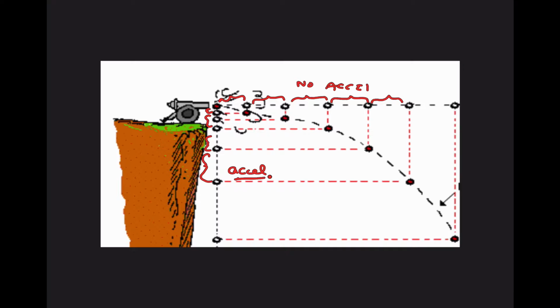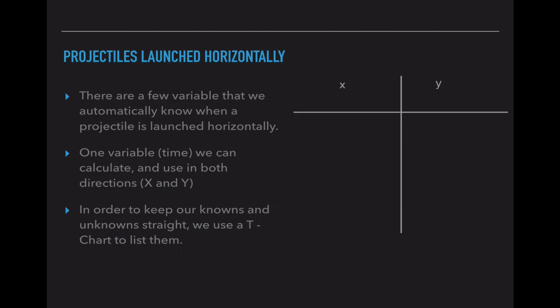Okay, so those are the two key things you need to keep in mind. When we do mathematical problems with this, that gives us two known variables automatically without even reading any of the problems. We know acceleration in the x direction is 0, and we know acceleration in the y direction is negative 9.8 meters per second squared.